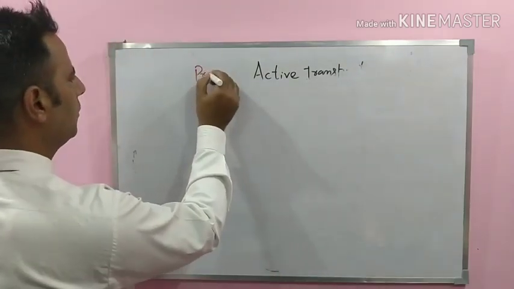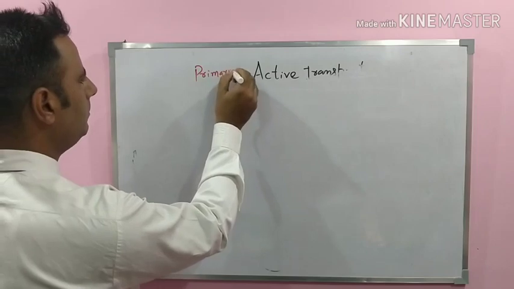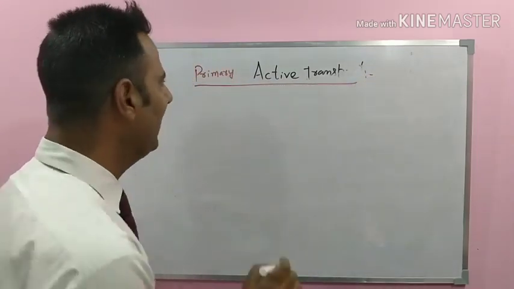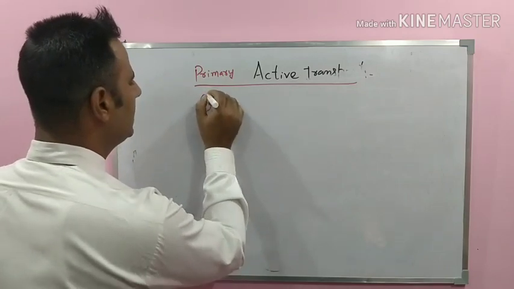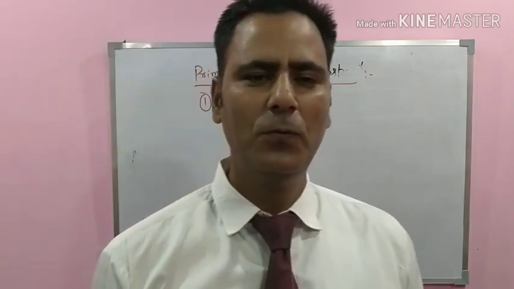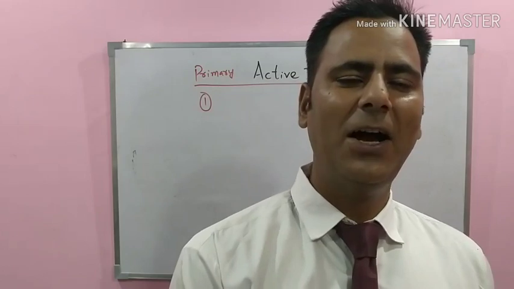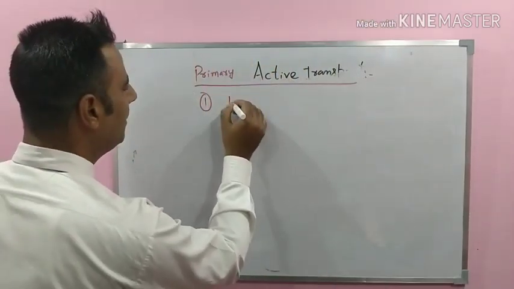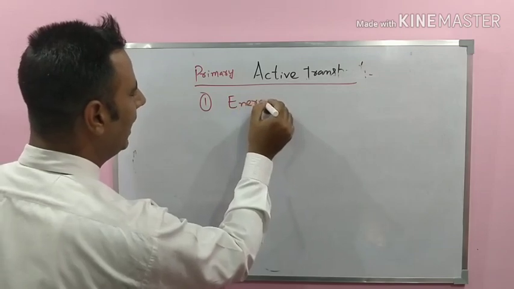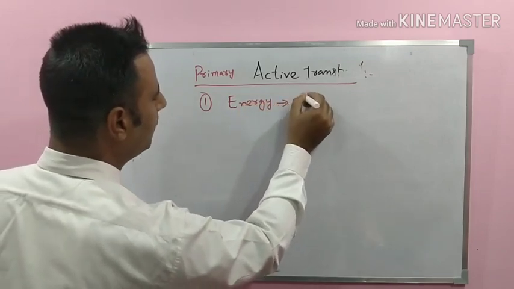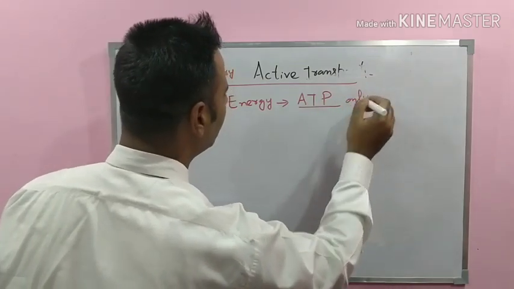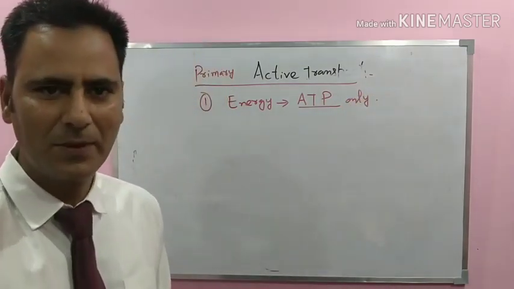Primary active transport is a type of transport in which substances move from one side of the membrane to the other with the expenditure of energy, and the energy is provided with the help of ATP only. This is the source of energy.